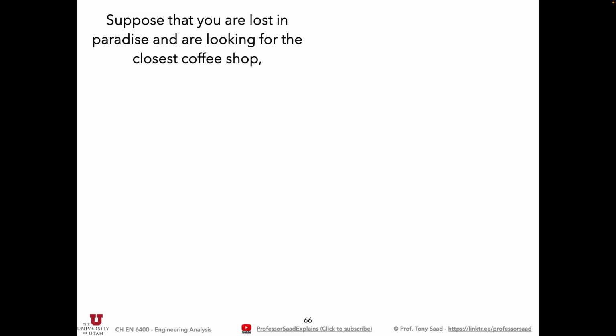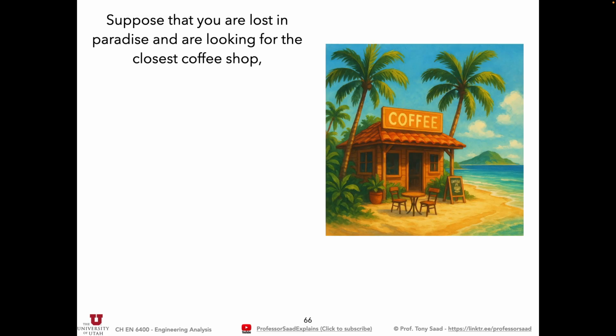All right. Now, here's my story. Suppose that you are lost in paradise, whatever paradise is. To me, it's like a beach and coconut trees and just sand and a cool breeze. That's to me just paradise all year long. And you are looking for the closest coffee shop.